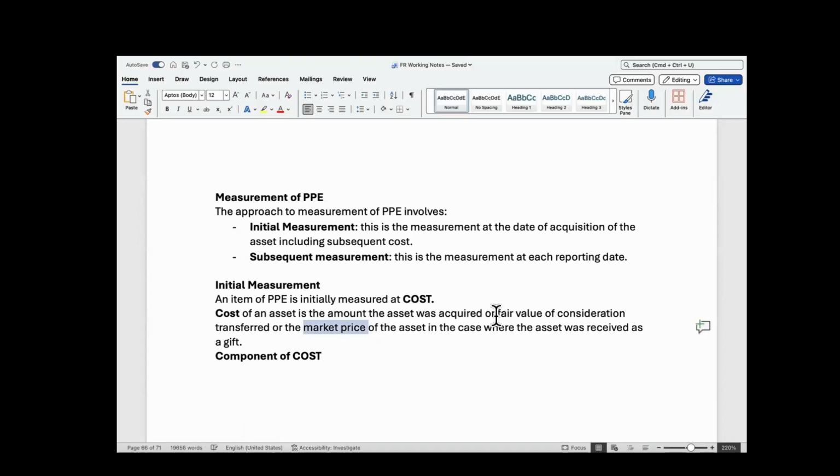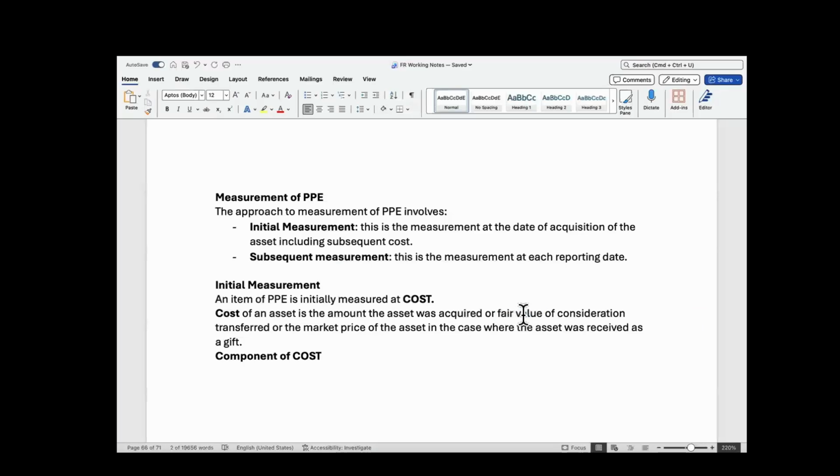There are instances where you did not pay money. This is the amount the asset was acquired for, so the amount you paid for the asset. It's possible to do an exchange for assets, an exchange or part exchange.